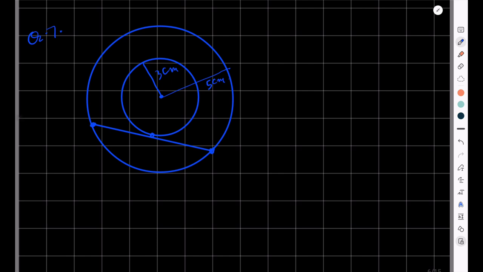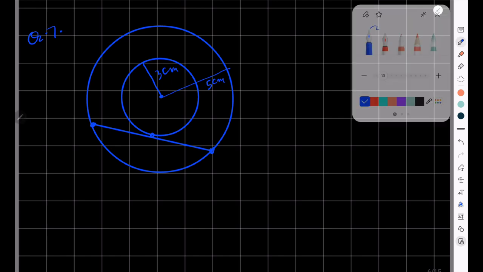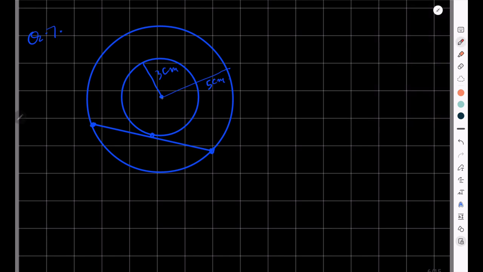Then what it is asking us is to find the length of the chord of the larger circle which touches the smaller circle. Where it touches is here, and the two other points where it touches the bigger circle are here.